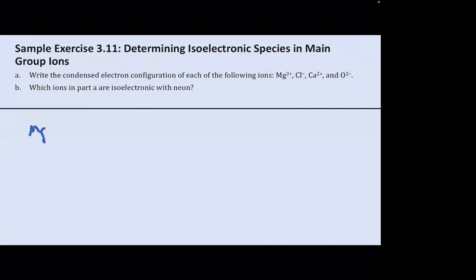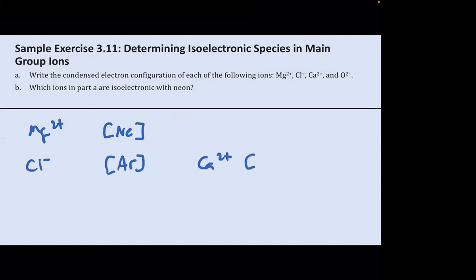So for magnesium 2 plus, we wind up with neon. What about chloride minus 1? Argon, right? It gained 1 electron. What about calcium 2 plus? Calcium 2 plus is also argon, so those are isoelectronic. How about O2 minus? Neon.